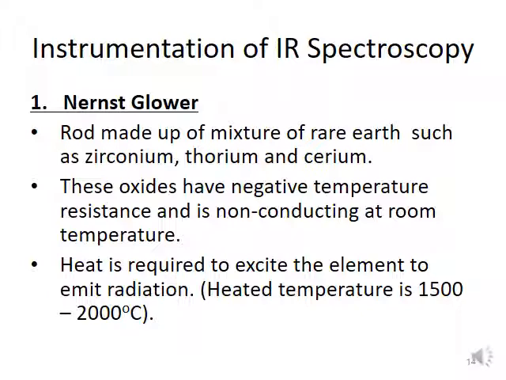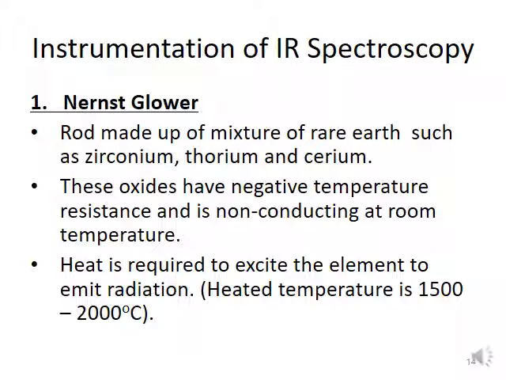In this Nernst glower, the rod is made up of a mixture of rare earth oxides such as zirconium, thorium, and cerium. These oxides have negative temperature resistance and are non-conducting at room temperature.